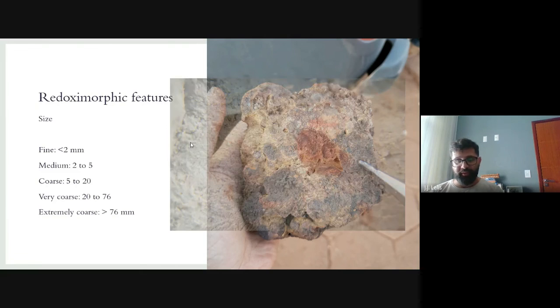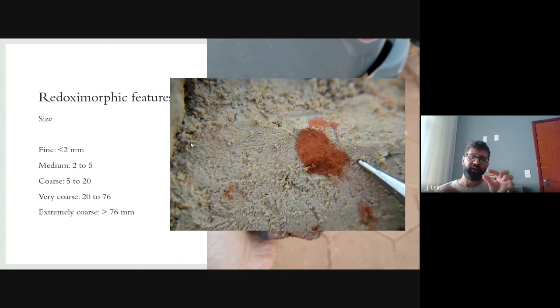But if I present very fine materials, then the concentration of iron is not so intense.